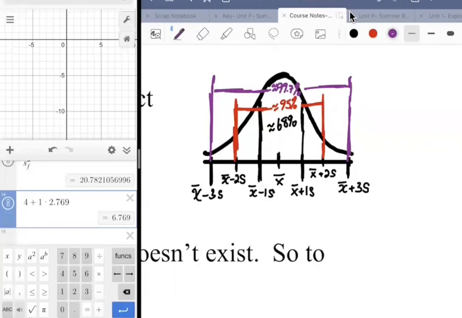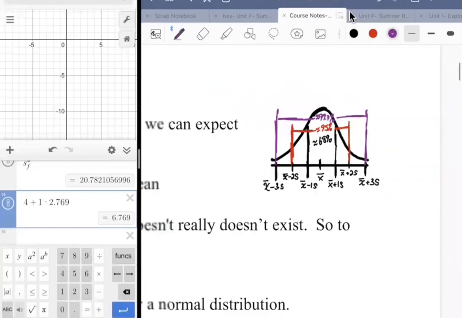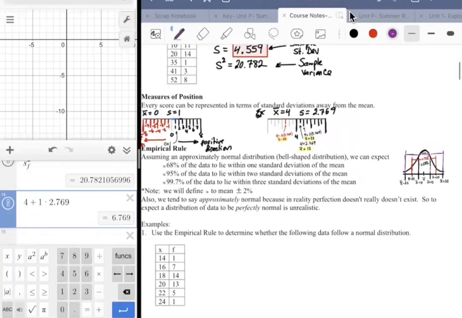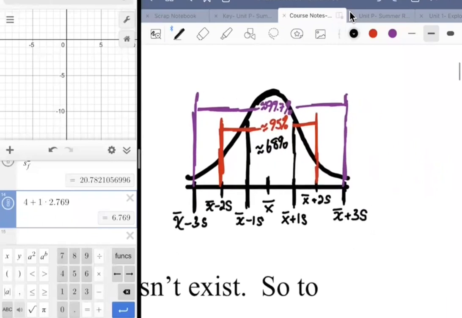But yeah, these percentages, this is what we're looking at. If we can establish these percentages to be true based off of this graph and the data that corresponds to it, then we would be looking at something that's considered to be a normal distribution.